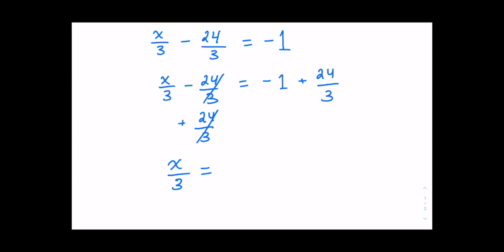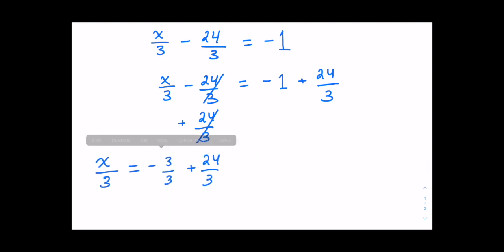And we know that when we add and subtract fractions, we need to have common denominators. So in this instance, we're going to have negative 3 over 3 plus 24 over 3, which is going to be x over 3 is equal to 21 over 3.